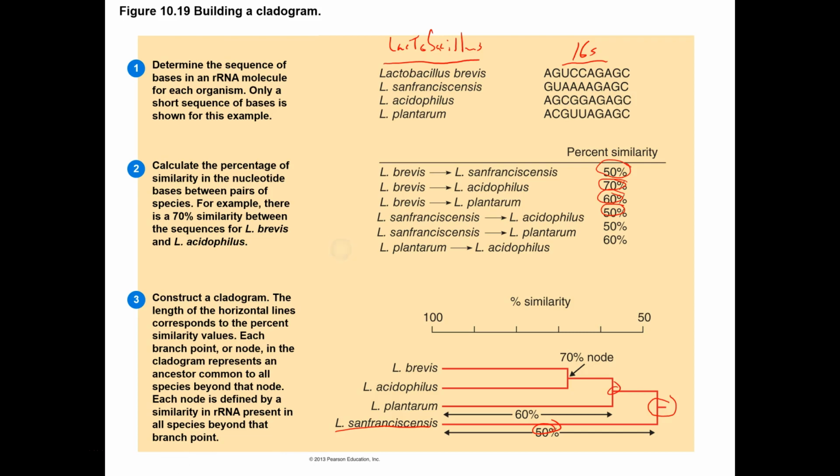Okay, so that brings us to plantarum. Okay, it's the second most distantly related one. And that brings us to our next branch point. We have brevis and acidophilus, which had 70% similarity. Those two are the most similar, and they probably shared the most recent common ancestor between the lot. So this is a very crude cladogram. Okay, you just build these family trees showing where these little divergence points happened, so where mutations accumulated in our RNA gene sequences.